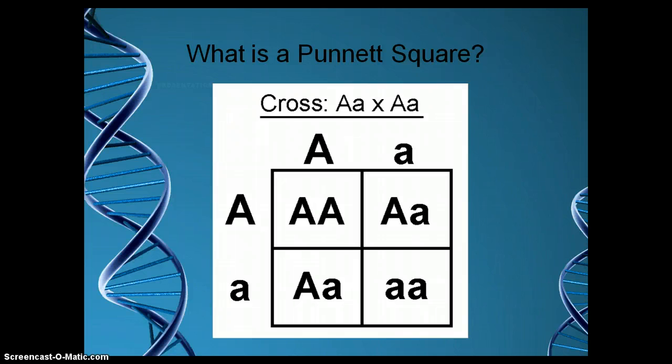So AA is called homozygous, meaning we have both the same, two dominant A alleles, and big A, little a is heterozygous, meaning we have one of each, and that's a carrier. And then we have little a, little a, that's homozygous, but recessive, as we stated earlier.